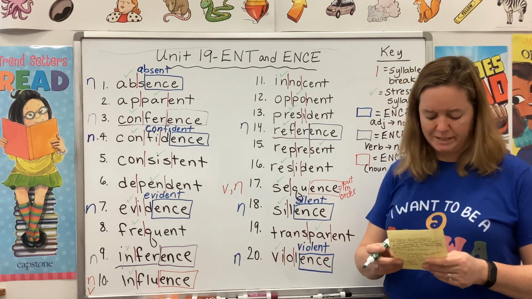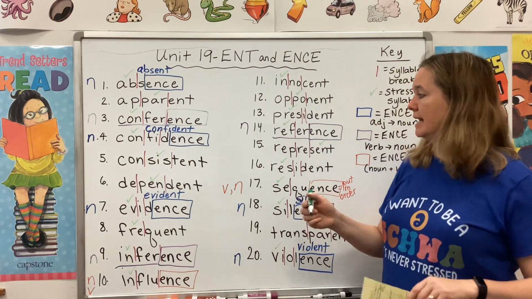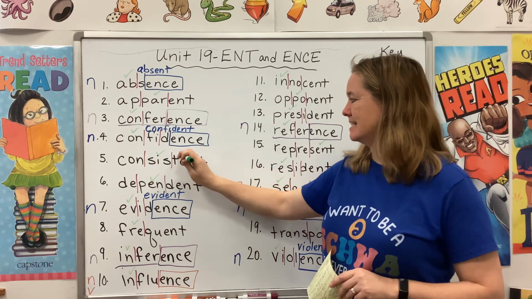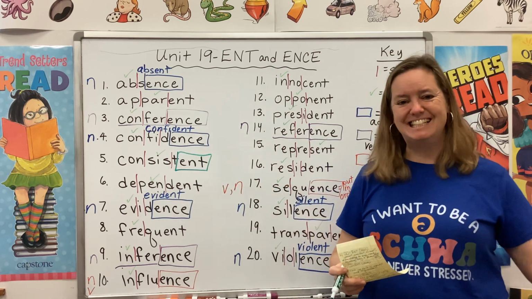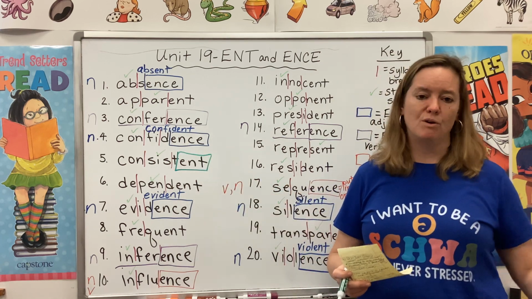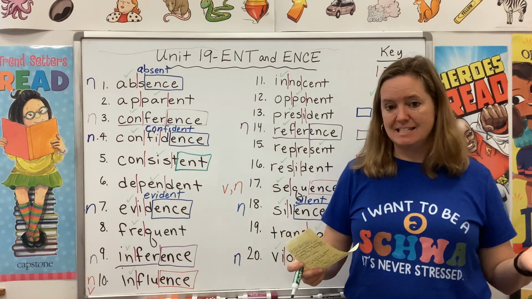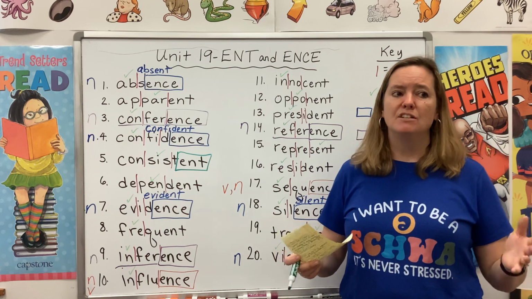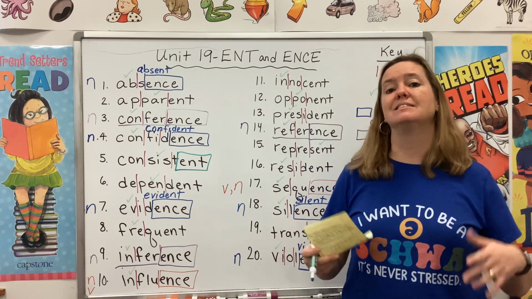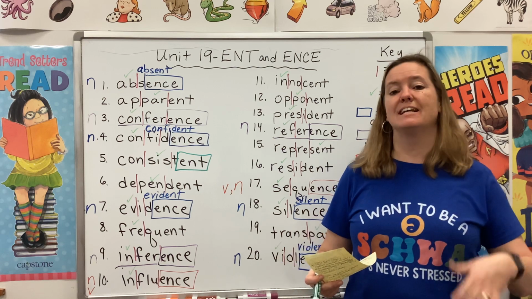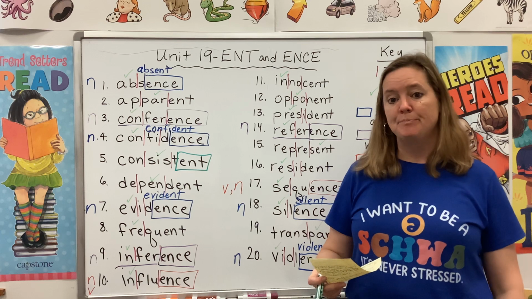And so we see that in words like consistent. If somebody's consistent, they do the same thing over and over again. So maybe my friend is always late, which is kind of annoying, but she always shows up 10 minutes late. So, hey, at least she's consistent. I can expect her to do the same thing over and over again. Okay?